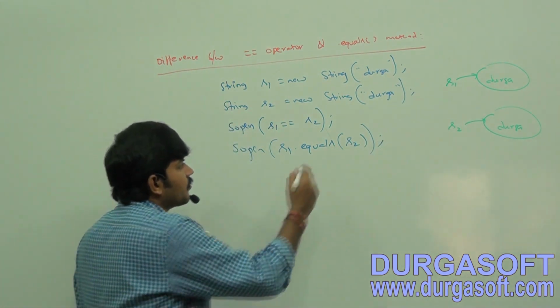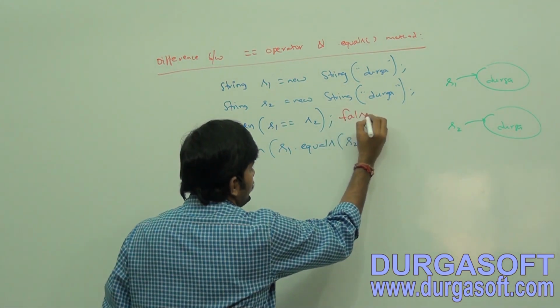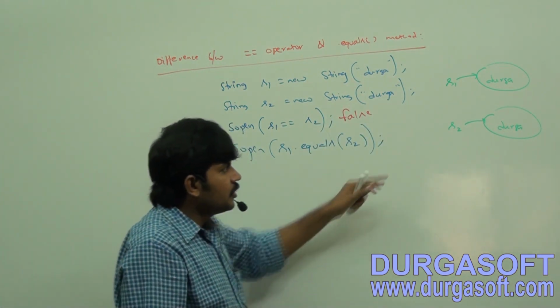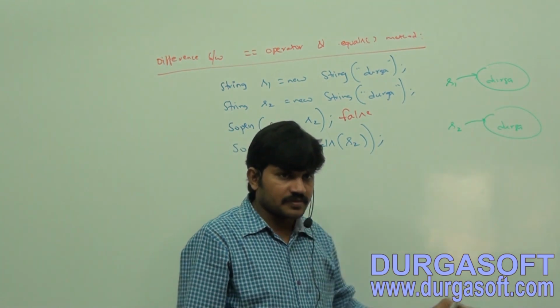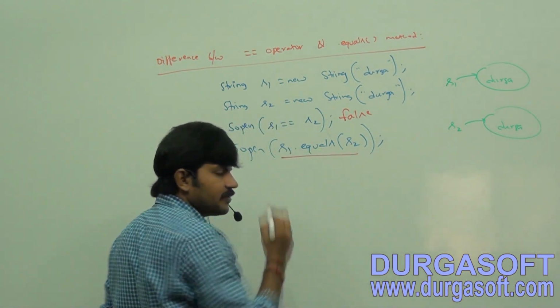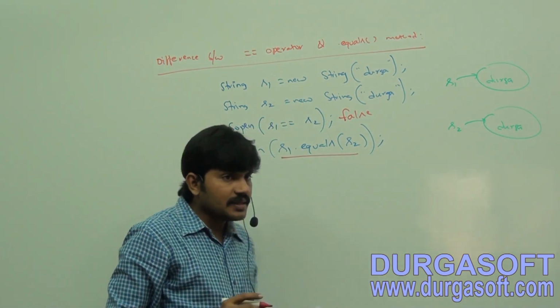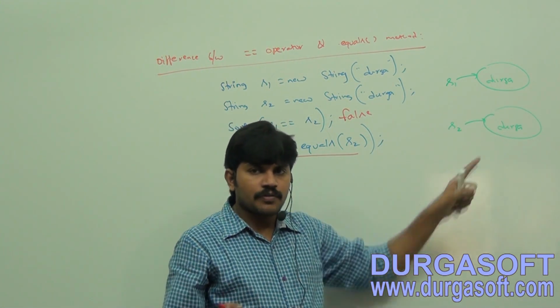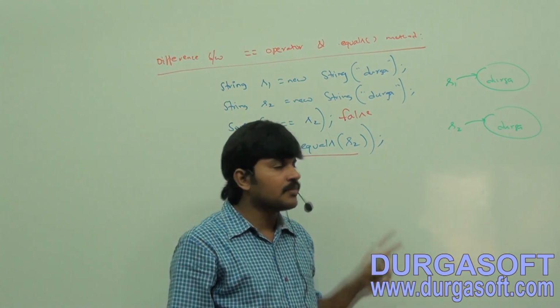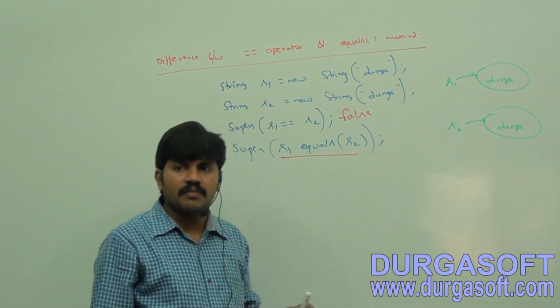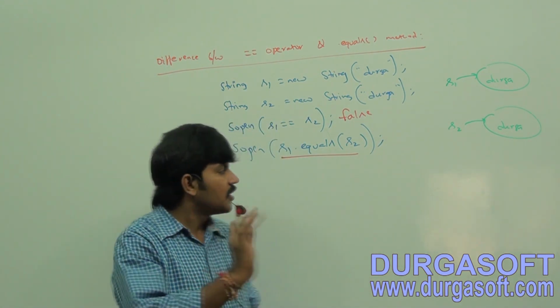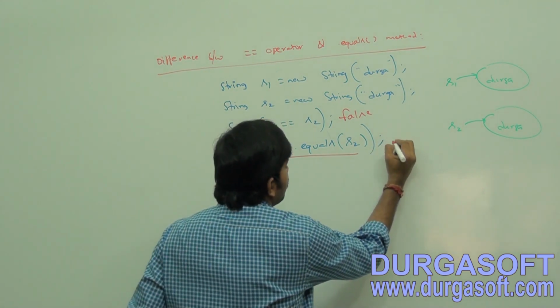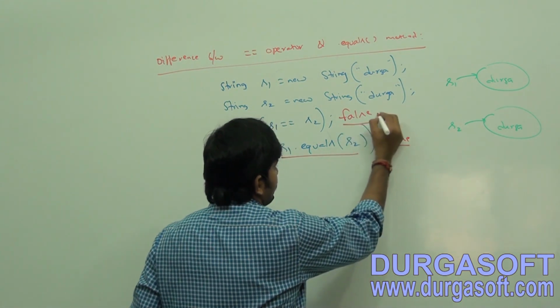That's why we get false. But even though the objects are different, the content is the same, Durga and Durga. The dot equals method is meant for content comparison, so the output by default is true.